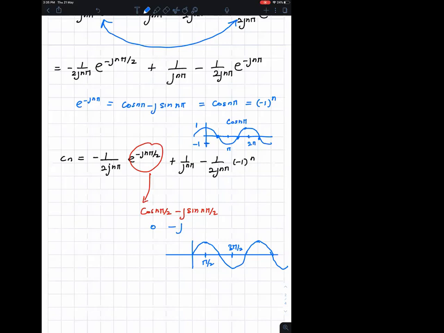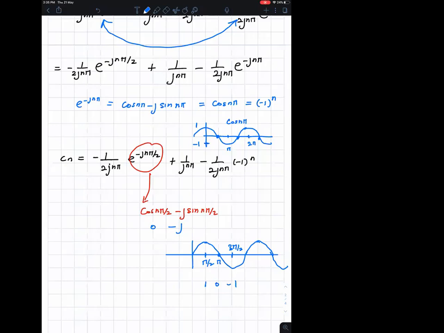Yes, sir. When n equals 1, and then when n equals 2, that is pi. Sorry, sine at pi is 0. When n equals 3, it's alternating between 1, 0, minus 1.